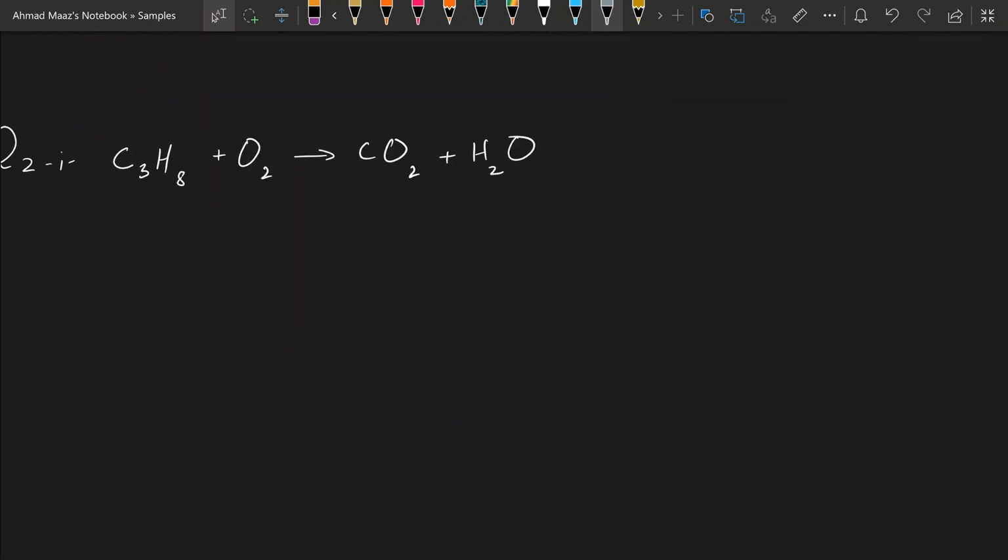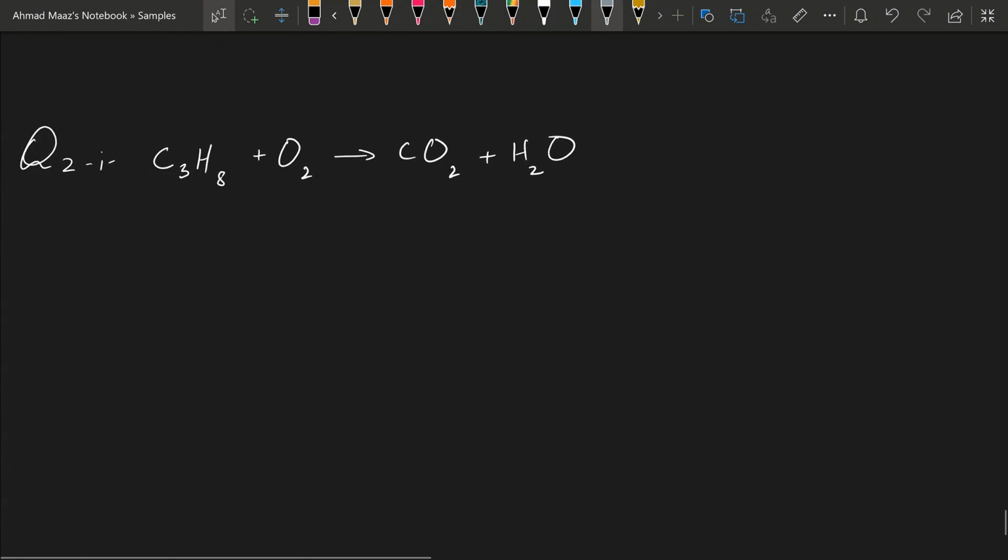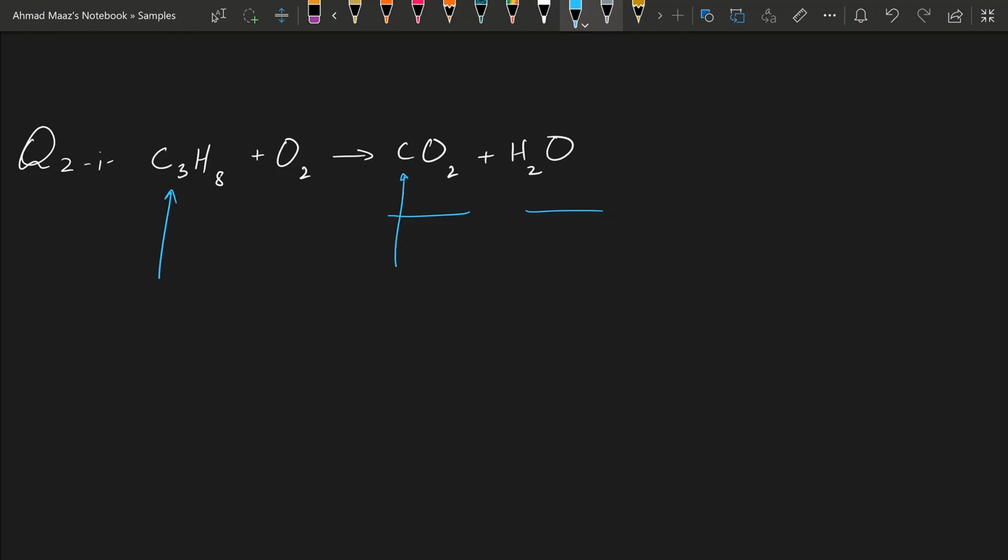Let's move on. We have C3H8 plus O2 and it gives us CO2 plus H2O. Let's start with carbons. We have three carbons, we have one carbon. Add a 3 over here, multiply CO2 by 3. So you have 8 hydrogens now and you have 2 hydrogens now. Very simple, multiply this by 4.